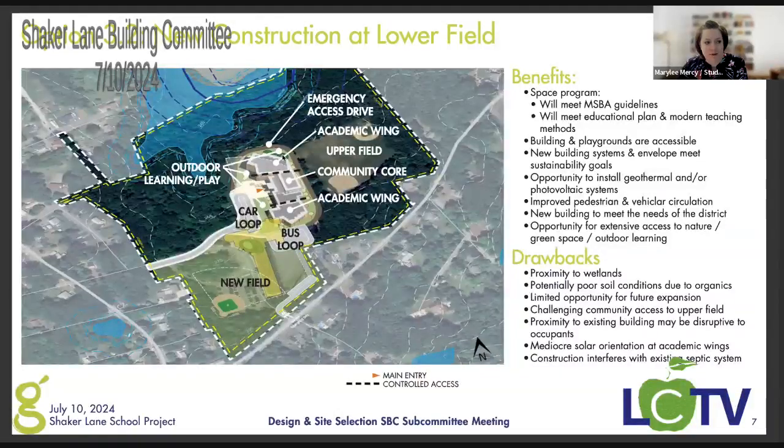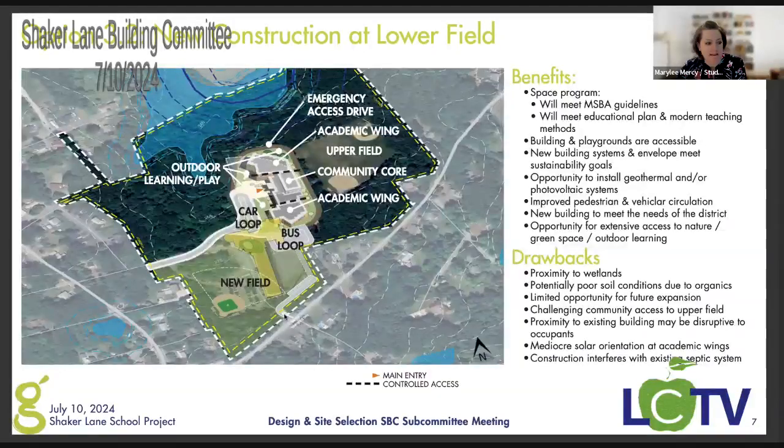This field is quite a bit smaller than the upper field, so we've had to divide the academic wing in half, which, you know, maybe that's good, maybe that's bad, I'm not sure. It does allow you to have a totally separate pre-K area, separate from the rest of the school, and you do still have a separate community area that's able to be separated off from the more private areas of the school.